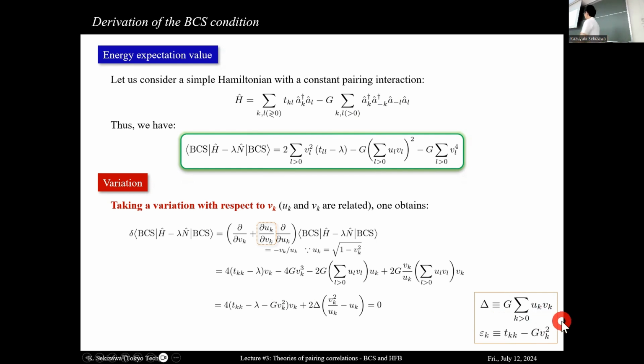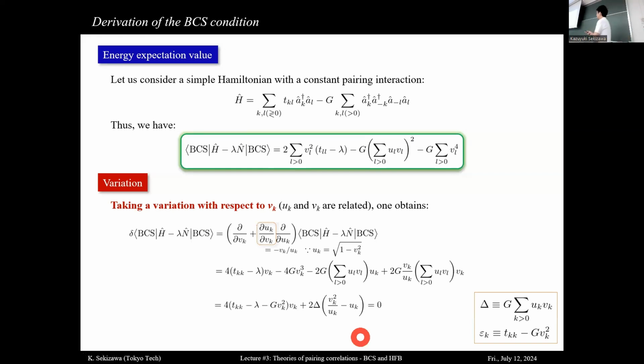So this is the pairing gap, and you can use this G times this summation by delta and write it down in this way. And because of the variation condition, it must be 0. So this is a stationary condition.